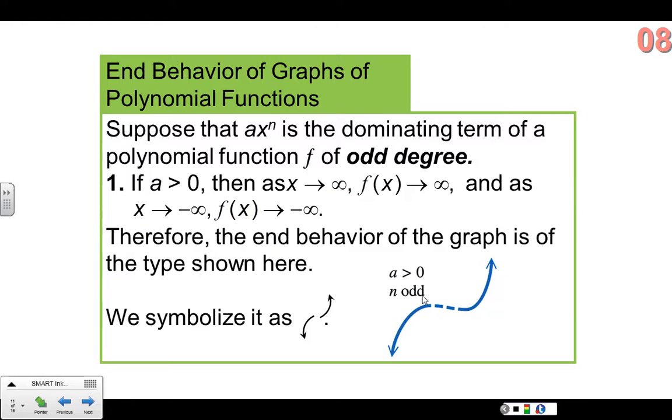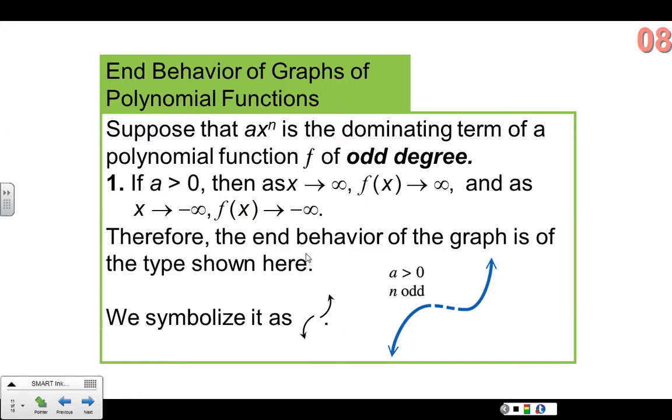End behavior of graphs of polynomial functions. Suppose that a x to the n is the dominating term of a polynomial function of odd degree. If a is greater than 0, in other words, if your coefficient is positive, then as x approaches infinity, f of x approaches infinity. And as x approaches negative infinity, the function approaches negative infinity.